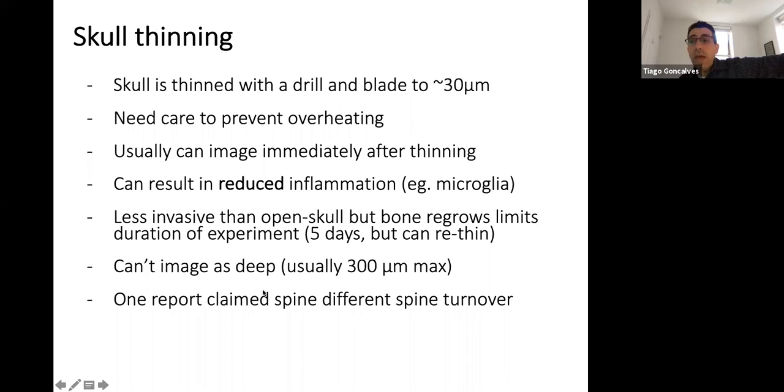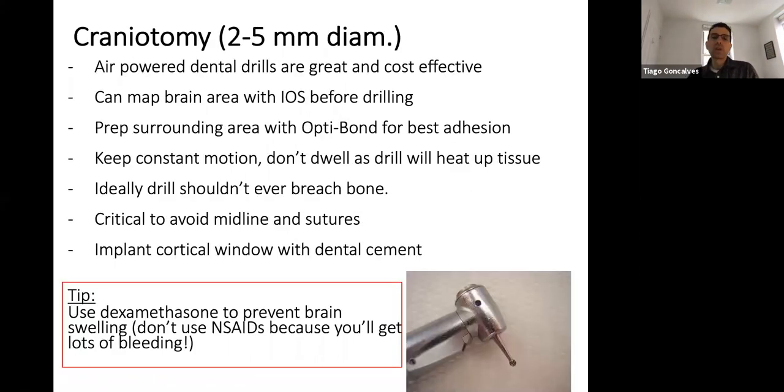And Wenbiao Gan claimed that differences they saw in spine turnover, so how persistent spines are over time, which is one of the things people have really used 2-photon microscopy for, were because your windows are really bad, because you have all of this inflammation. Then there was a rebuttal saying, no, we don't see this. I don't think that went anywhere.